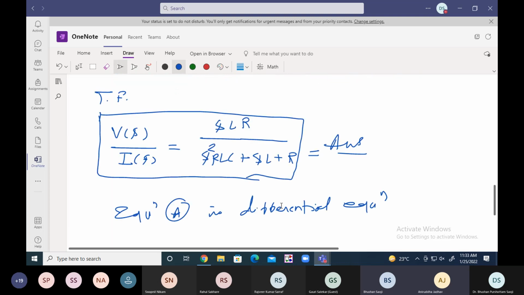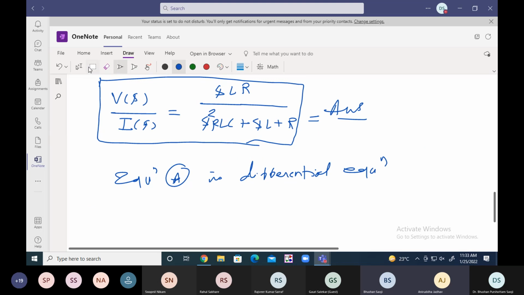Now see here, we can simplify this. Suppose you want to write it in derivative form, then we can have it like this.